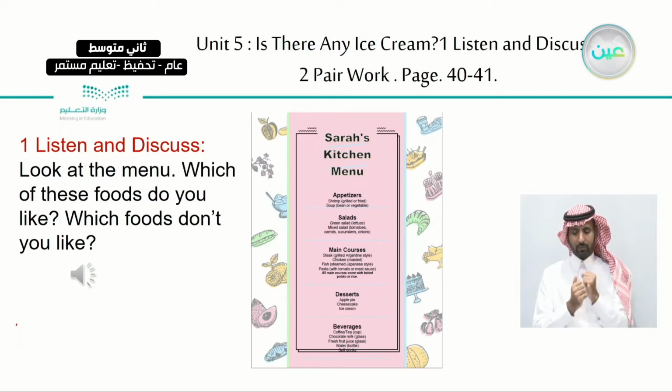All main courses come with baked potato or rice. Desserts: apple pie, cheesecake, ice cream. Beverages: coffee, tea, cup; chocolate milk, glass; fresh fruit juice, glass; water, bottle; soft drinks.